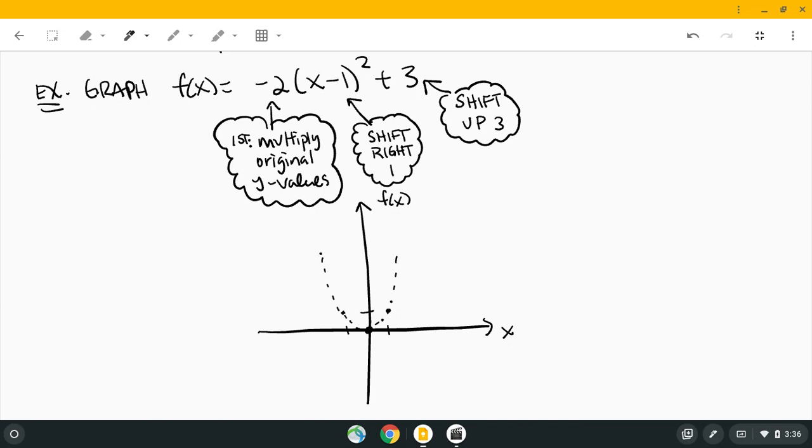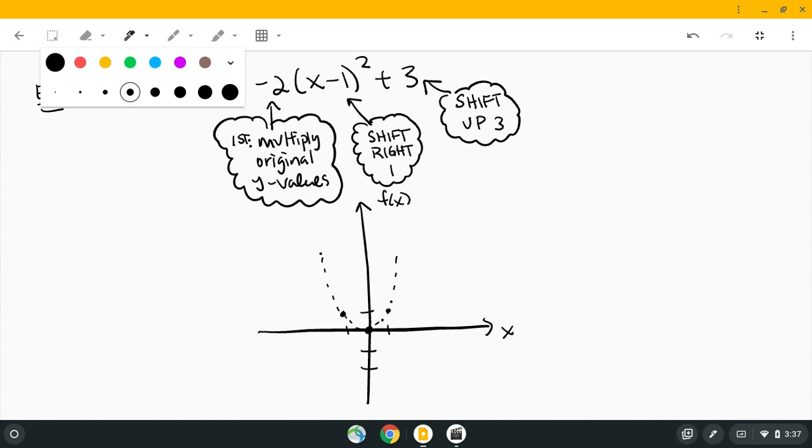Now I have to multiply the original y values. So we have y values of 1 and 0. Okay, so we are going to multiply the y values. This point right here has a y value of 1. And it will get multiplied by negative 2. So that puts me here at negative 2.